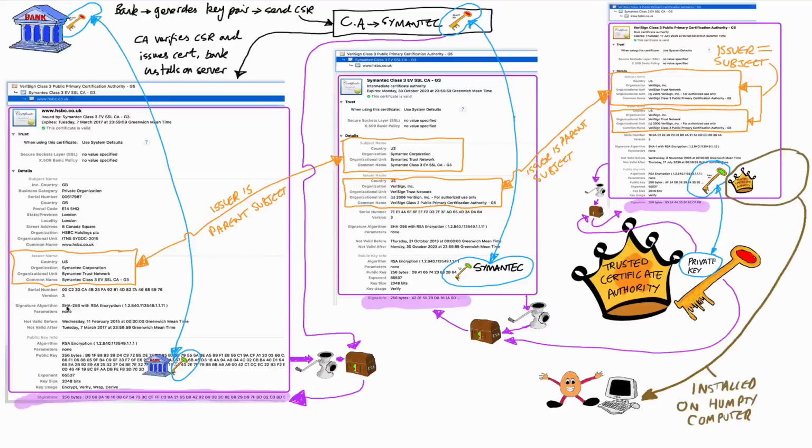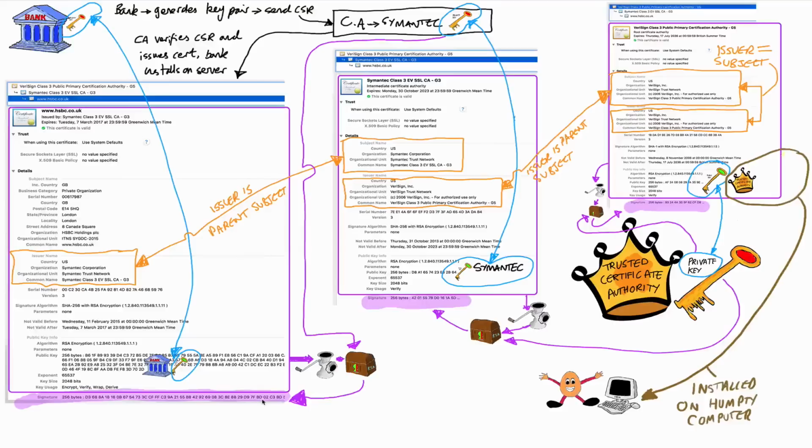Okay, it's SHA-256. Okay, fine. That tells me Symantec used a SHA-256 algorithm when they created the signature. So I'm also going to use, as the browser, SHA-256 to check the contents of the certificate. I'm going to hash this certificate, right? And then compare that with the decrypted signature. And those two things should match.